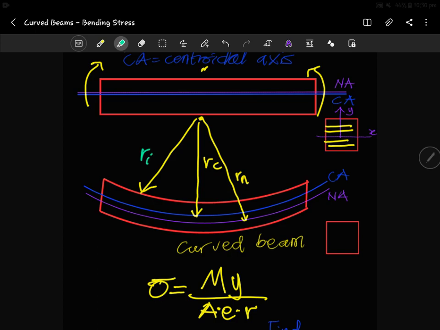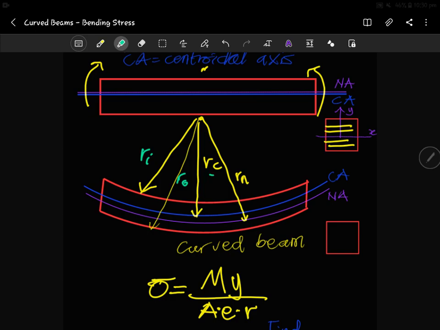The fiber that we meet first is the inner fiber of the whole beam. And then the outermost, the one we meet very last, is the outer fiber, which is from the center of curvature to about here, and this we call the Ro. They are just terminologies to make our understanding easy.